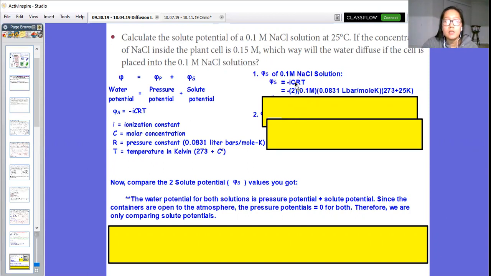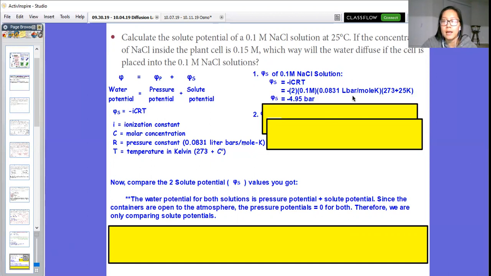The C, or concentration, is 0.1 molar because that's given to us as the concentration of how salty this solution is. Our R is a constant that is always 0.0831 liters bar divided by mole Kelvin. And then we have our temperature in Kelvin, which is going to be 25 degrees Celsius plus 273 as the base, so that the unit overall here is Kelvin.